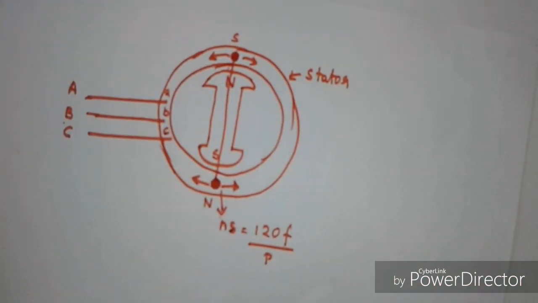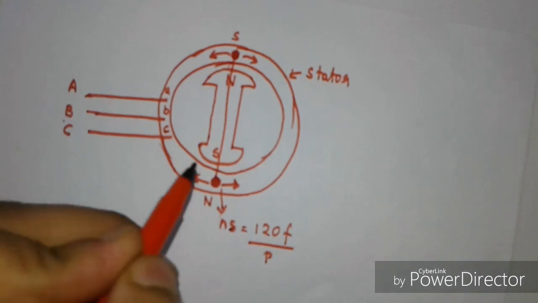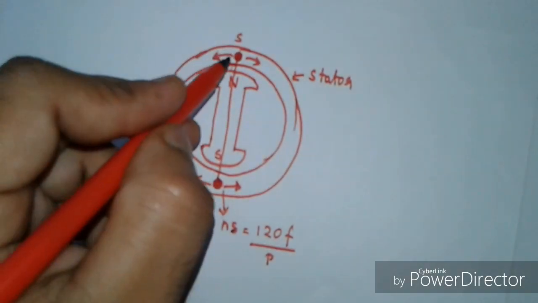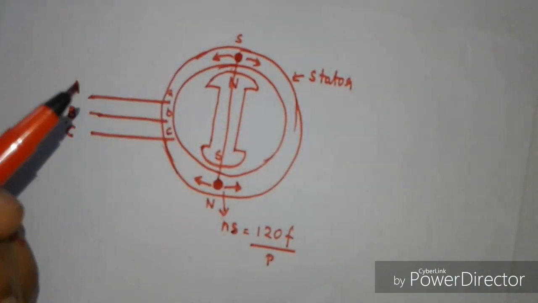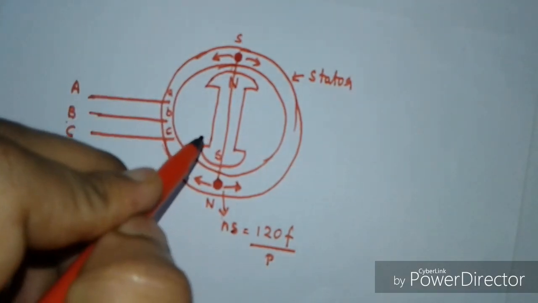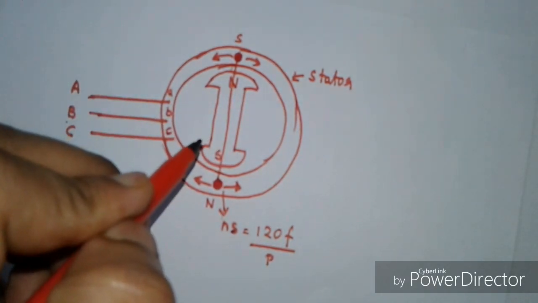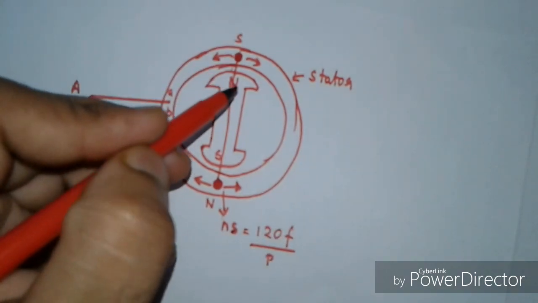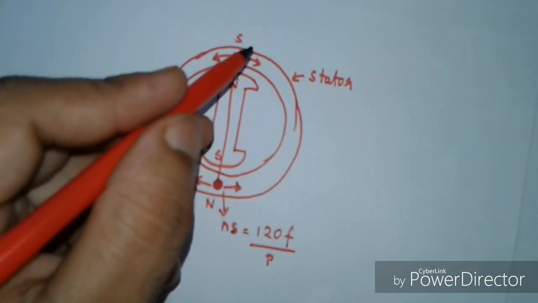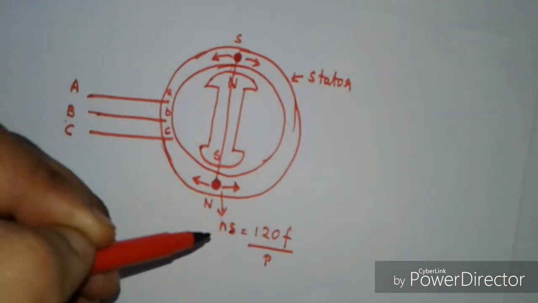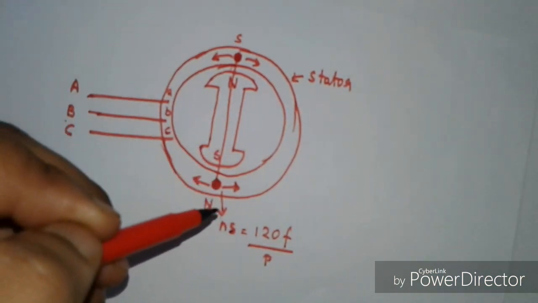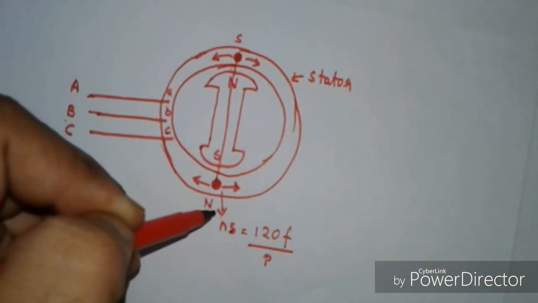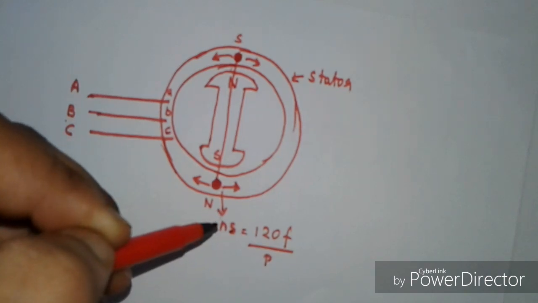Let us say the field which is rotating due to excitation of the stator has a north and a south, like that. The rotor is also a magnet. It has its north and south pole. So the north pole is attracted to the south pole of the rotating magnetic field, and the south pole is attracted to the north pole of the rotating magnetic field.